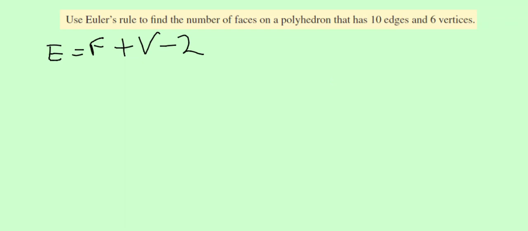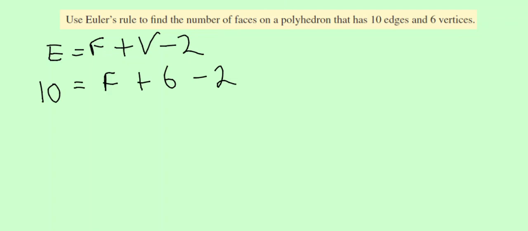I want you to again pause the video, think about what you've got here, substitute the values into the equation, a bit of algebra, move your values around a little bit. I'm not going to give you too much, we did do that last year, and see if you can find out how many faces this particular polyhedron might have. All right, pause it and off you go.